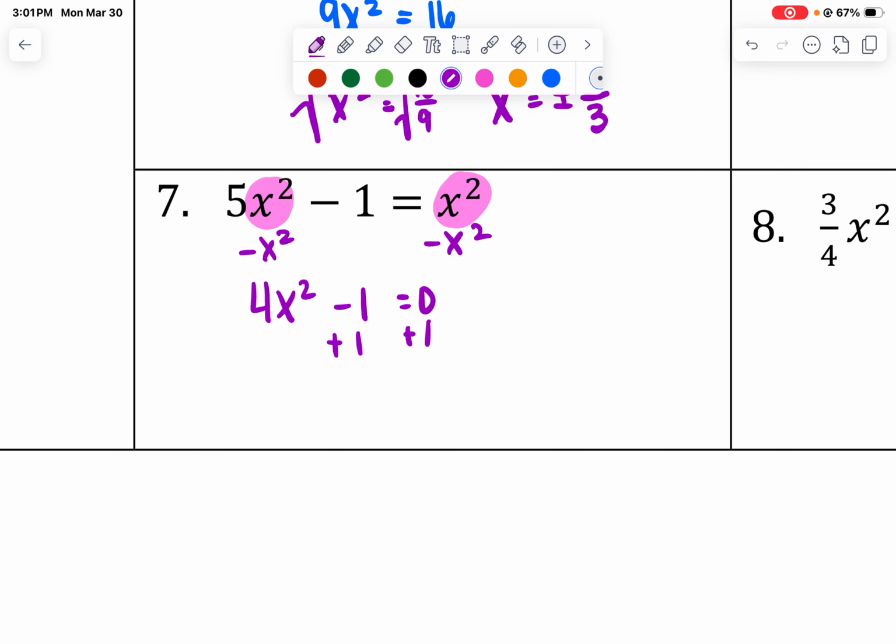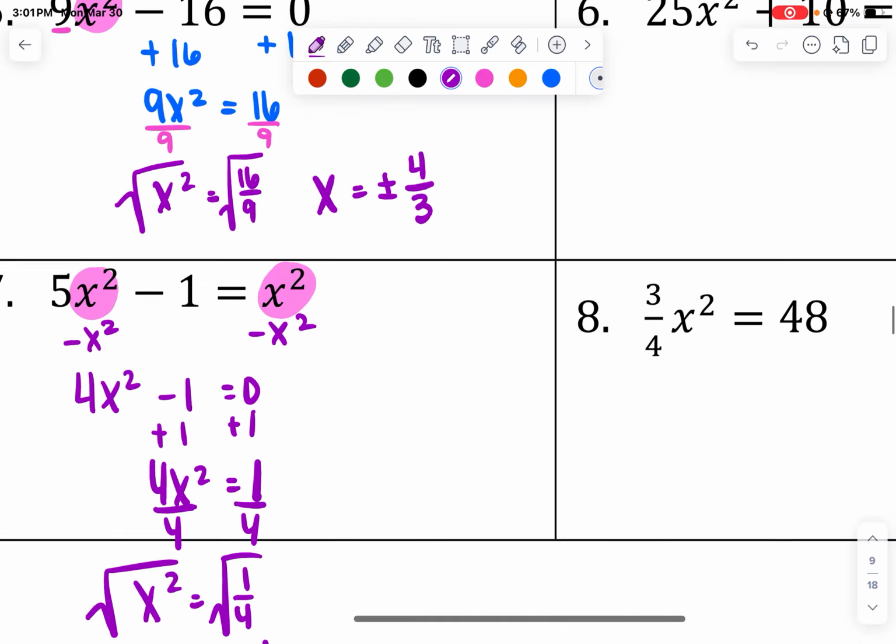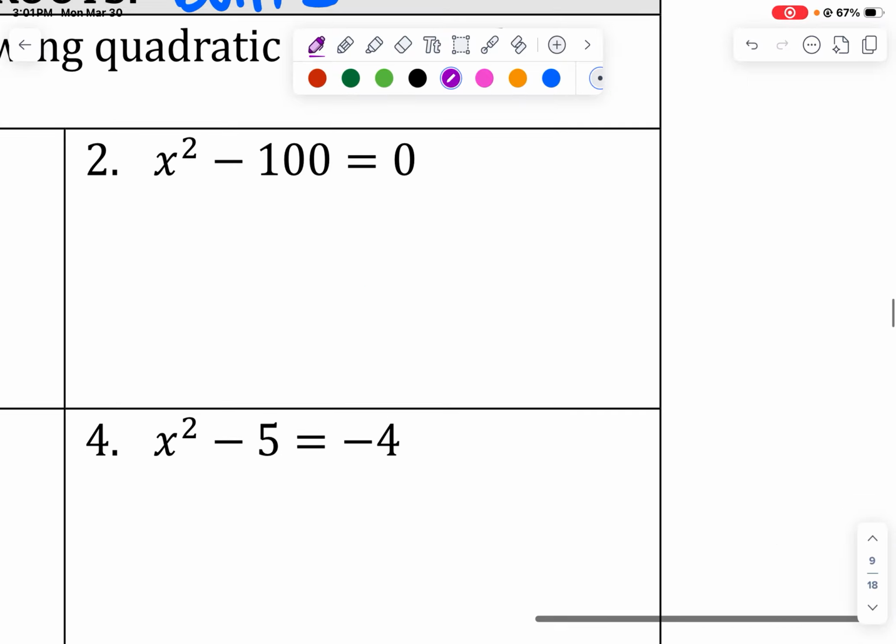Okay, now we're going to look at number 15. Same thing, we're trying to isolate what's being squared, so just our x squared term. So to do that, we need to add 126 to both sides. We get 2x squared is equal to 126. Divide both sides by 2. We get x squared equals half of 126 is 63.